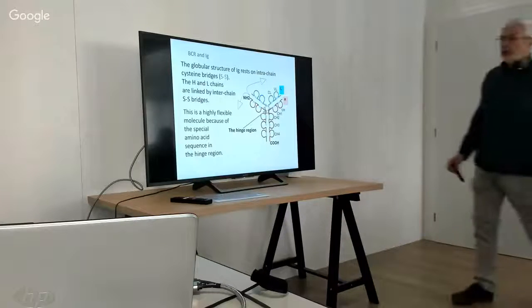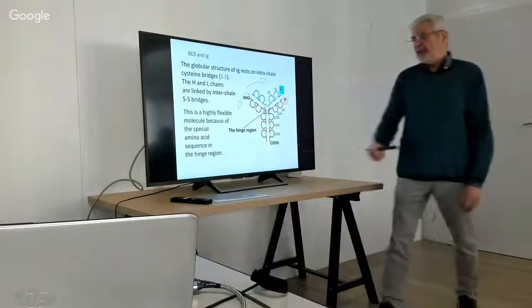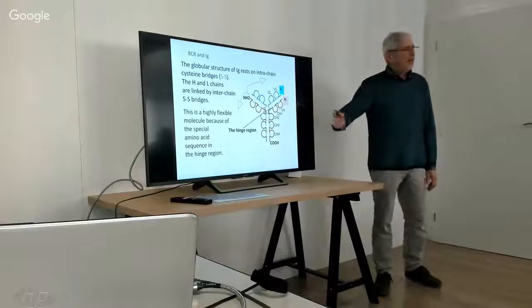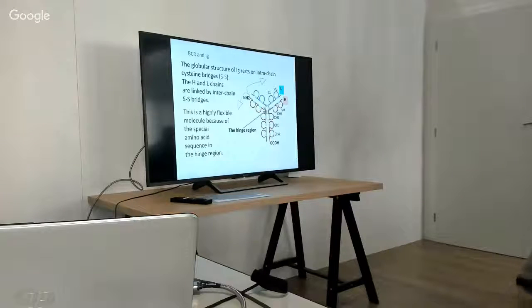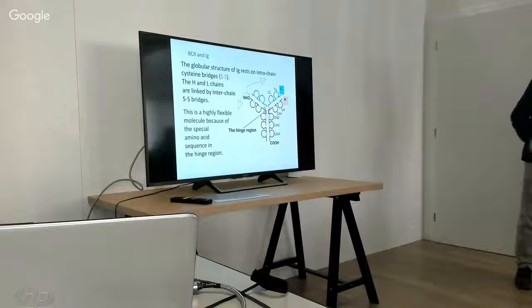As I told you, this is a highly flexible molecule because of the amino acid sequence in the hinge region, which allows a major flexibility of this molecule. Something you don't have and is not required for the TCR, because the TCR doesn't need any flexibility or only very minor flexibility. Okay?